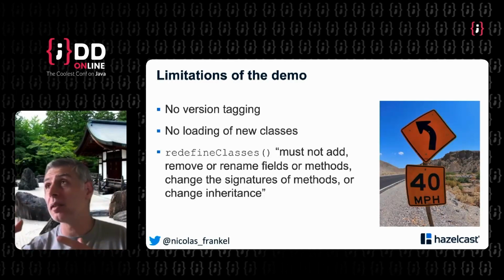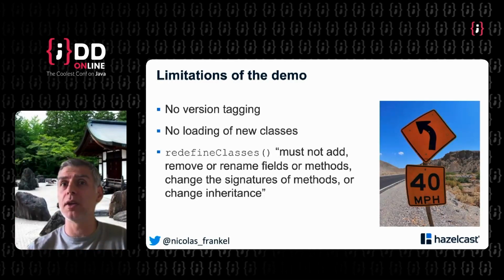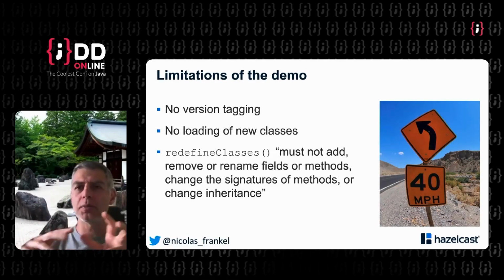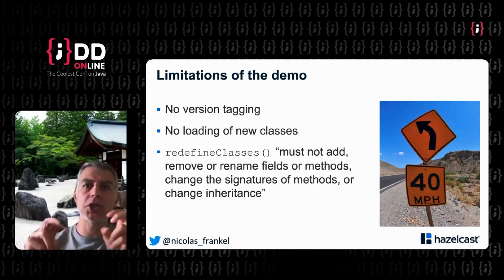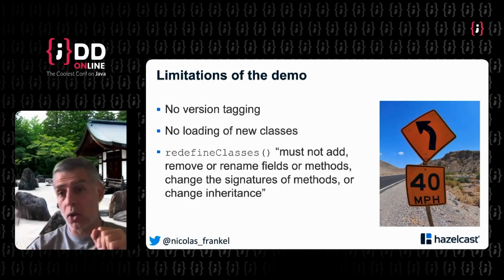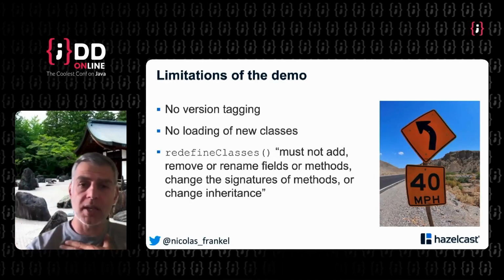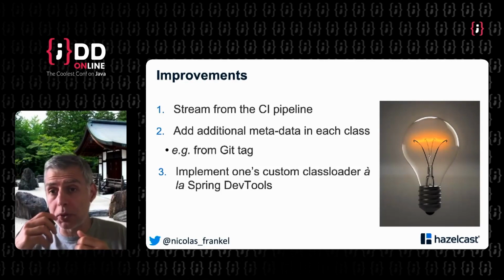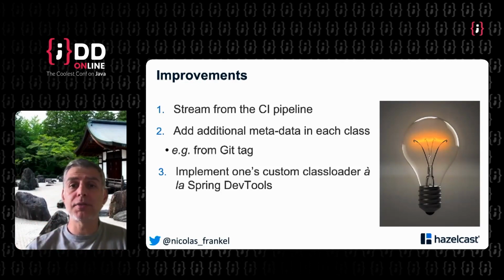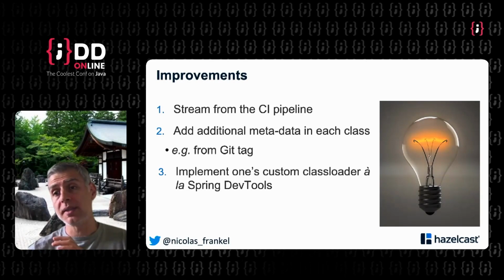You might even think that instead of having a rules engine, those huge beasts which allow you to define some business rules in a pseudo language, you could have traditional Java code and then do the changes like that. There are also some improvements we could define. Instead of running from my local machine, I could stream it from a CI job.